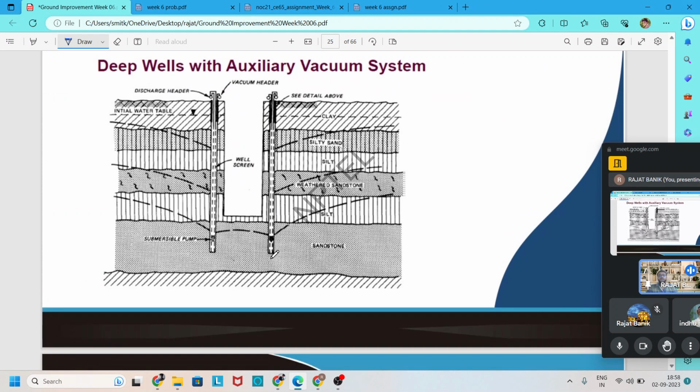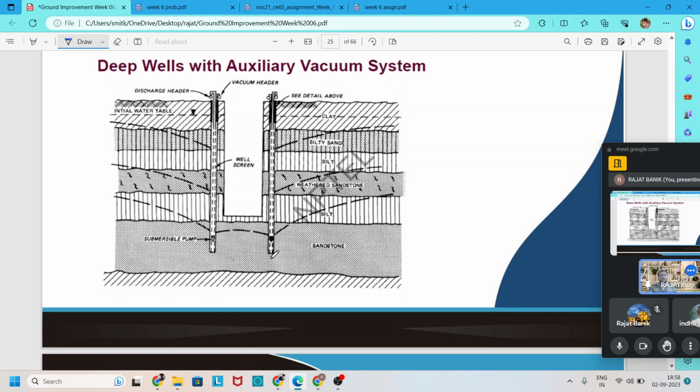Another technique given here is deep wells with an auxiliary vacuum system. We know that granular soil is a good material for drainage, a permeable material. It does not disturb the water flow when we apply the pump.